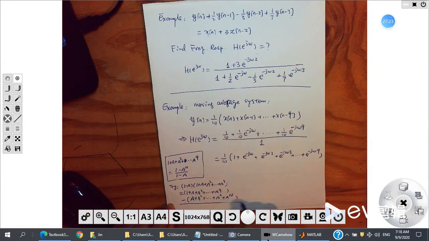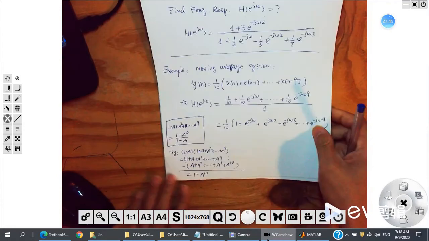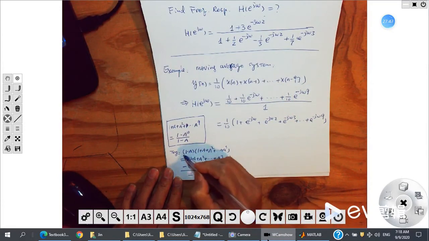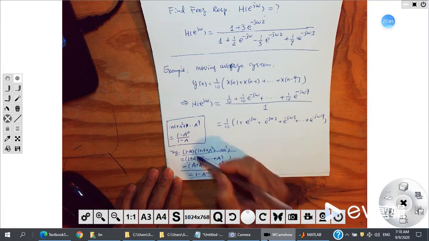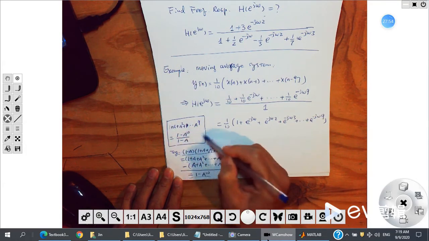Okay, the first summation minus the second summation, what will be the result? Oh, a cancels, a squared cancels, all of them cancel, and only the first term and last term are left, right? So this one equals this one. Then you divide by 1 minus a to that side, and you get this.